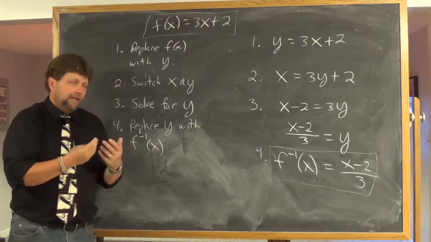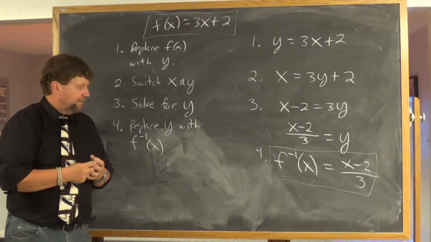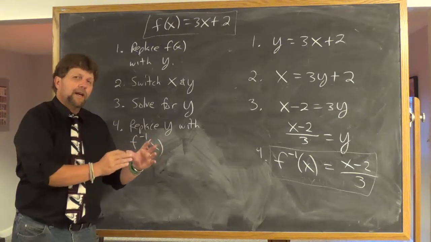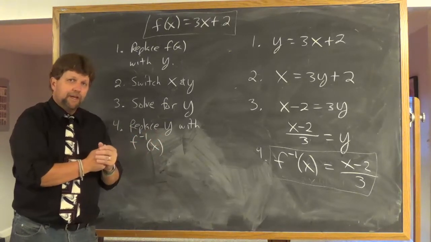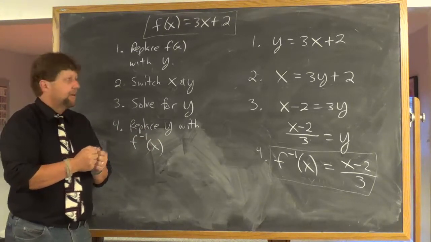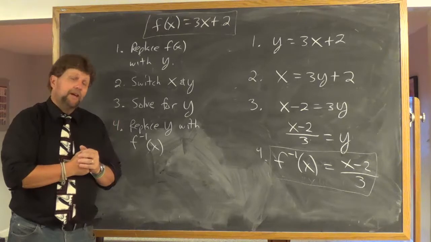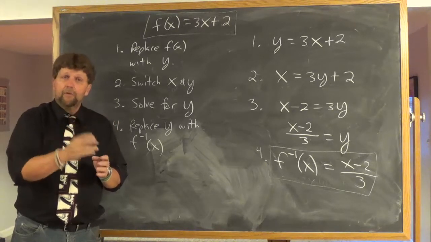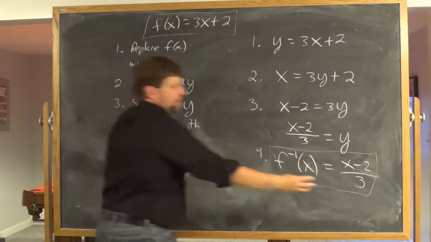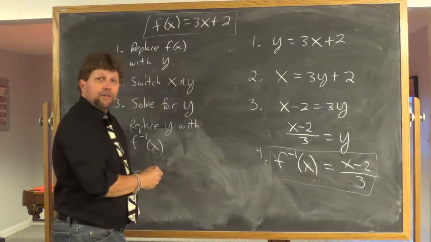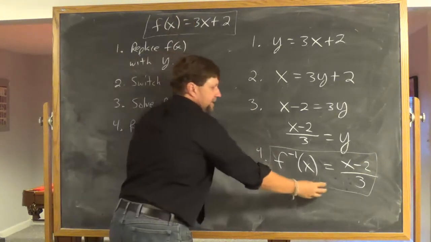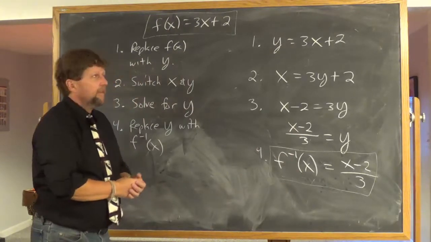Other people, and I'm kind of one of these type, would say, as a prelude to trigonometry, make sure you have that domain to range agreement that I showed in the initial blob diagram. In other words, make sure that the domain of this function is equal to the range of the inverse function. Make sure that the range of the function is exactly equal to the domain of the inverse function.